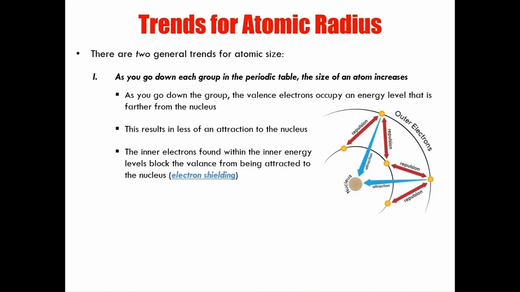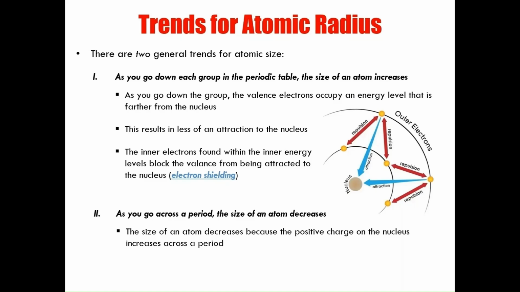So, as you go down a group, you're increasing the number of inner shells between the nucleus and the valence electrons. This thereby causes the atom to grow in size due to an increased sense by the outermost electrons of repulsion and a decreased sense of attraction to the nucleus.